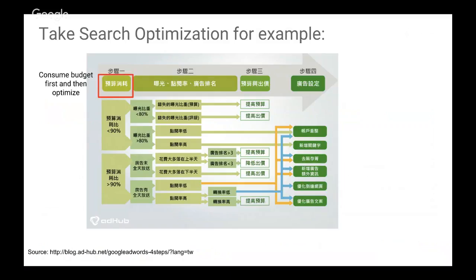But the challenge that we have seen is that a lot of our agency partners spend too much time making sure they consume the budget and save very little time for optimizing a campaign. I think this is a very common situation that we have seen across our agencies.